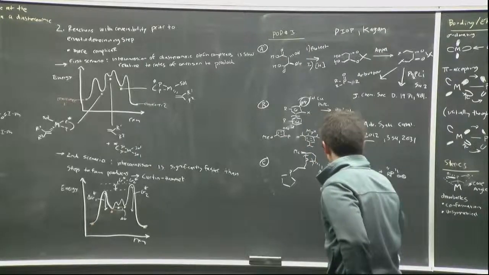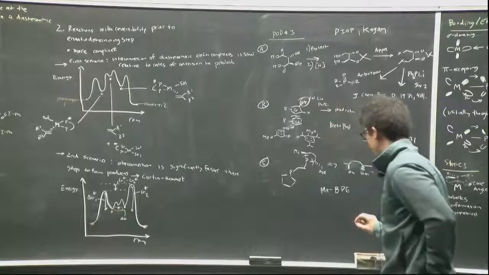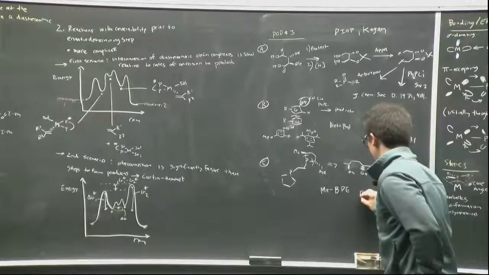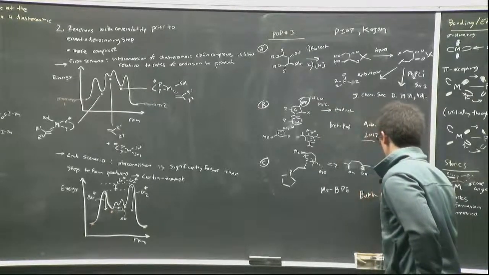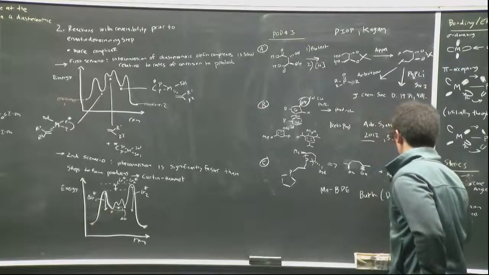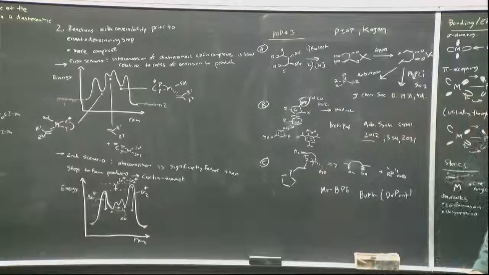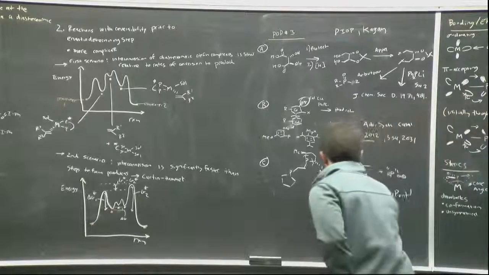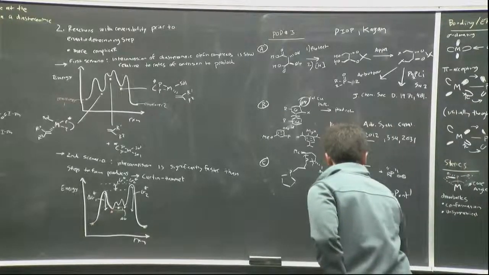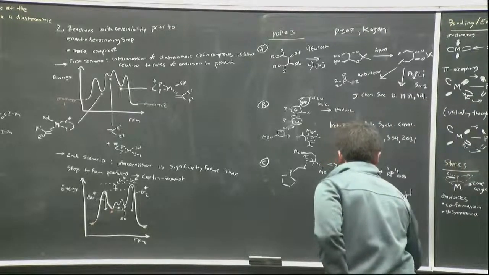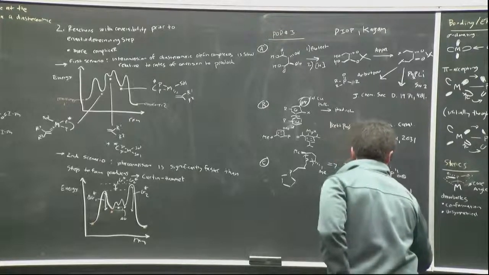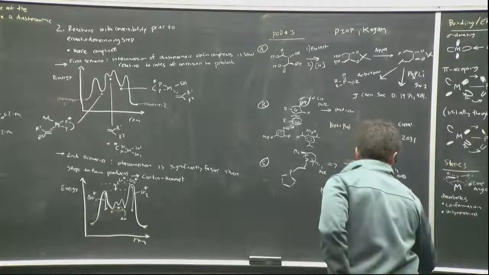This is methyl BPE, and the inventor is Burk. That's a DuPont, another DuPont connection. So there's a related family of ligands some of you will have seen before called DuPhos, and the Du there is from DuPont. You find that reference? Yes, it's JACS 1993, 115, page 10,135.